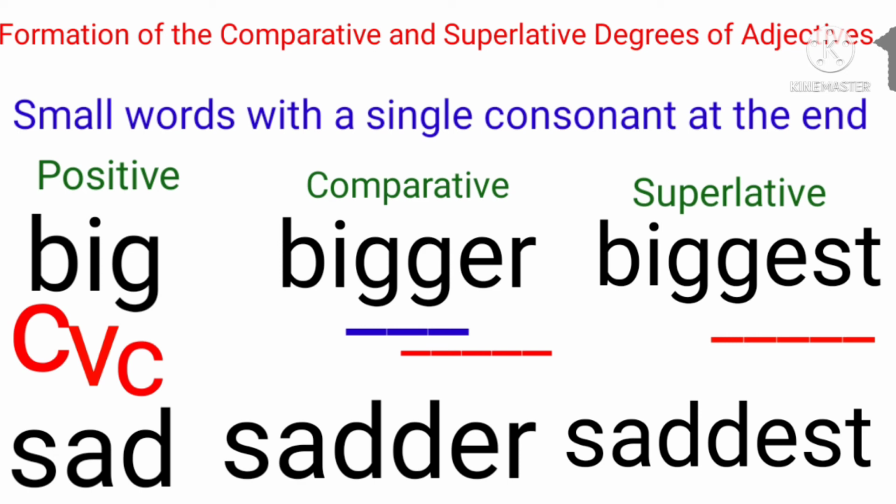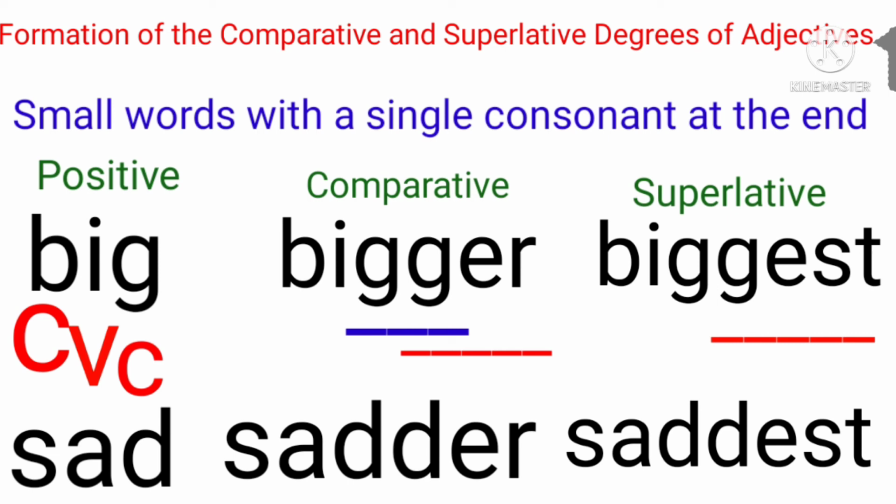So students, the thing which you have to understand here, such adjective words end with these three letters: consonant, vowel, consonant. Okay, under positive degree, those words end like this: consonant, vowel, consonant. So when you are comparing such qualities with other thing, under comparison, what will happen?